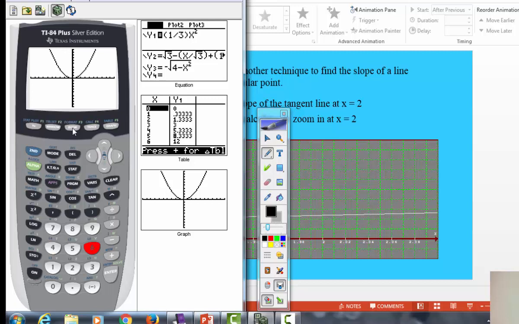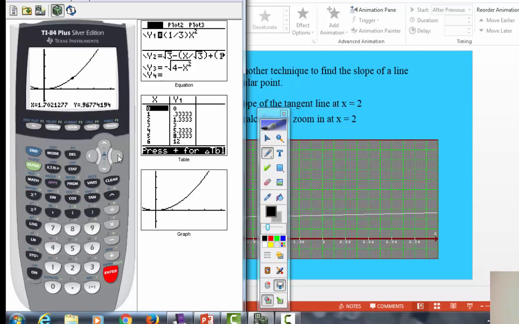And now we're going to use our zoom feature again. So I'm going up to zoom, and we're going to zoom in, so I can select 2 or use the cursor to go down to number 2. And then I'm going to move the cursor over to about x equals 2, and then I'm going to go up and touch the graph at that point, and then I'll hit enter. So it's zoomed in by a factor of 4.